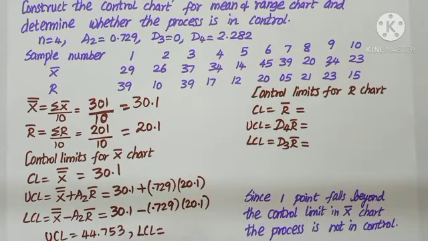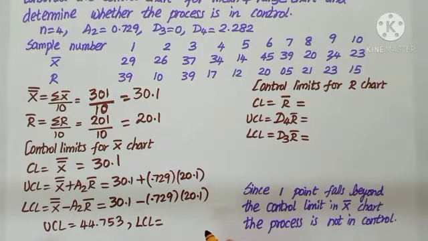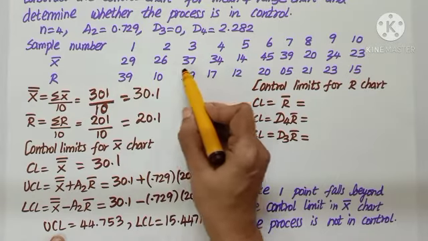We get UCL as 44.753. LCL is X double bar minus A2 R bar. As we substitute the values, we get 15.4471. Check the values of X bar. LCL 15.4.